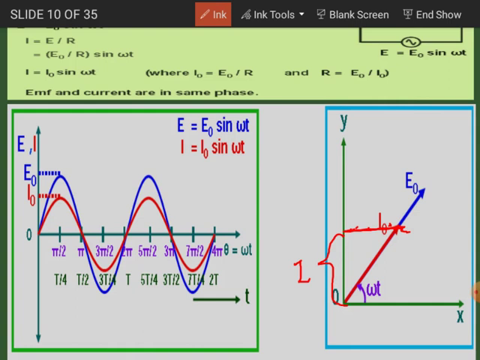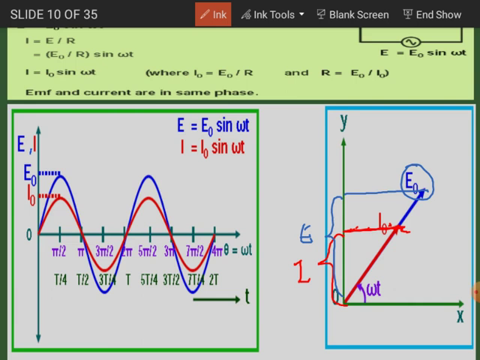And if you drop a projection from the peak value of your EMF, this projection will give you your instantaneous EMF, denoted by E. Got it? So the instantaneous value can be easily obtained from the projection of the maximum or peak value of current and EMF onto the y-axis.